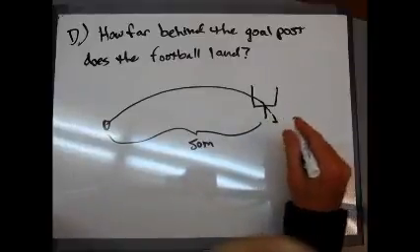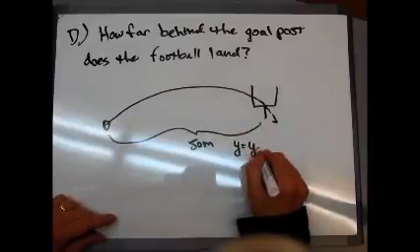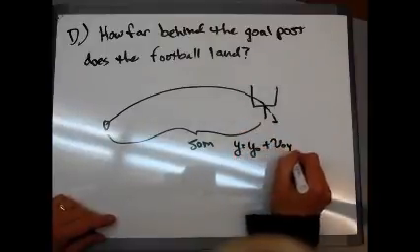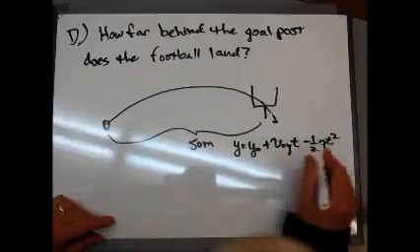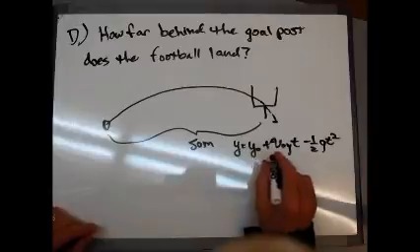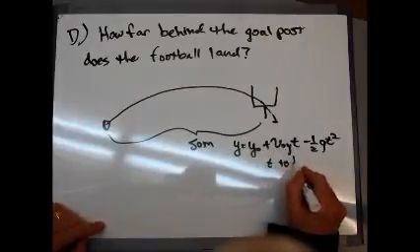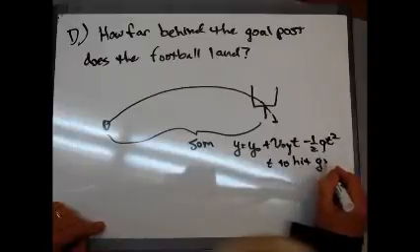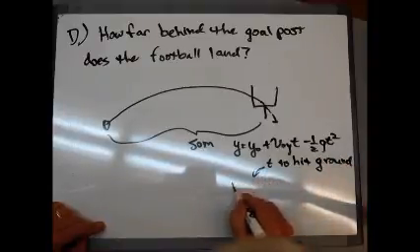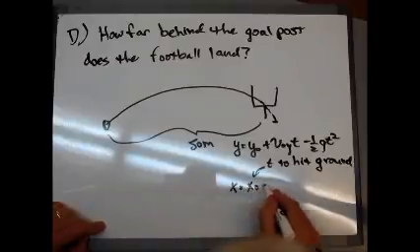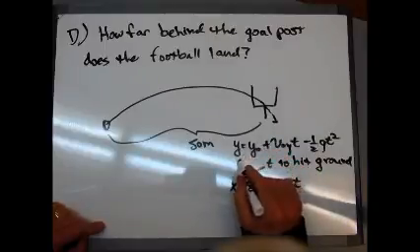So we could say y equals y naught plus v naught y times t minus 1/2 g t squared, and ask, how long does it take to hit the ground? Then we could take that time and put it into x equals x naught plus v naught x times the time.